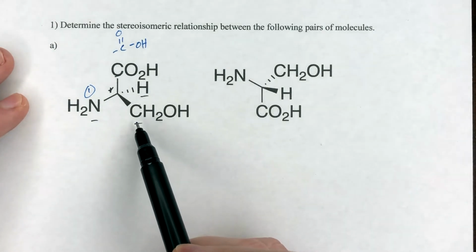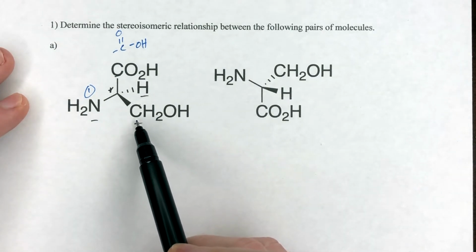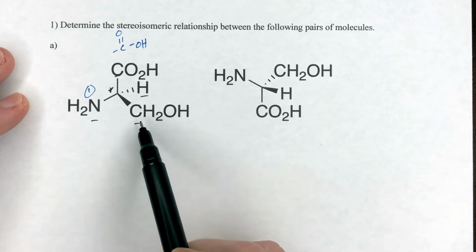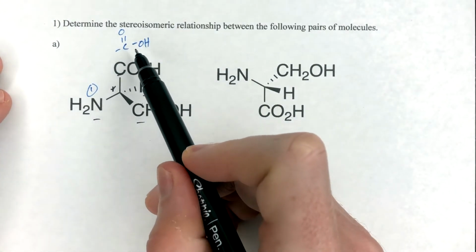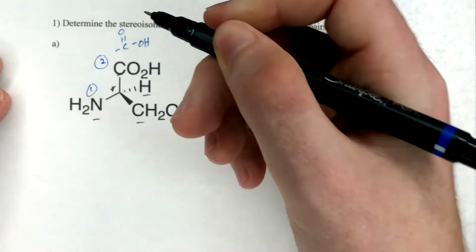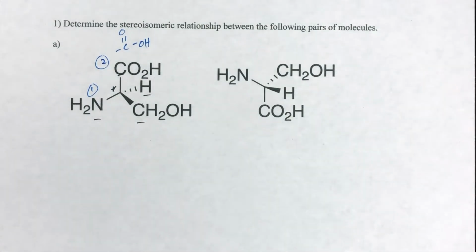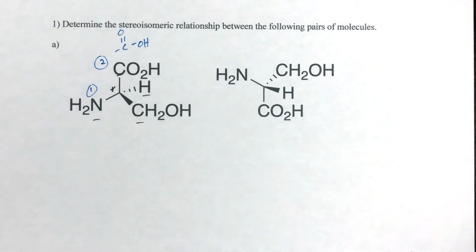Now if we compare it to the other carbon that it's tied to, this carbon is bound to 1 oxygen and 2 hydrogens. So without much ambiguity here, we know that the carboxylic acid group must be higher priority because it is bound to additional oxygens where the other carbon is only bound to 1. The group with multiple oxygens is higher priority than the one with 1 simply because it has a higher atomic number in its totality.